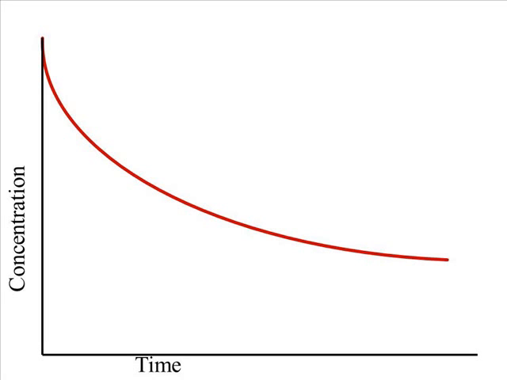When you look at a graph of concentration versus time, over time, the reactants will decrease their concentration as they turn into products.